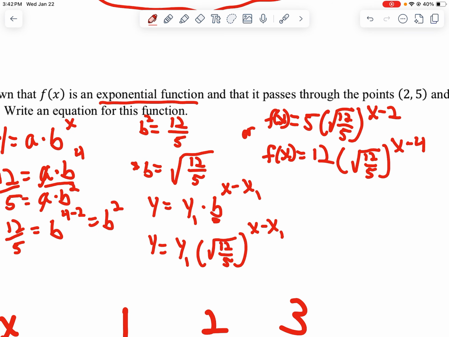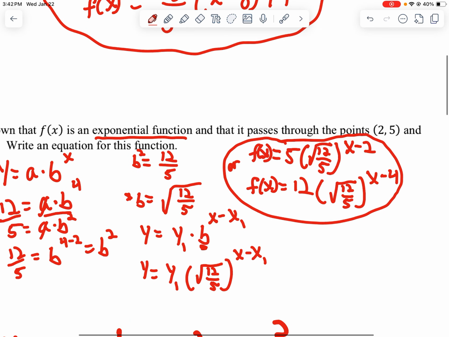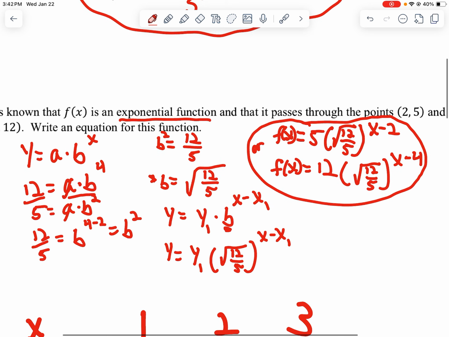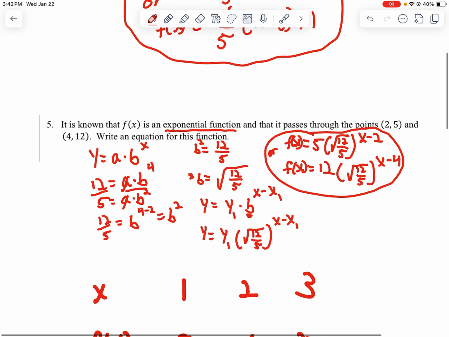Either one of these is the equation of the exponential that passes through the two given points. Notice they told you it was exponential because they only gave you 2 points. If they gave you 3 points, then you could show that it's exponential, and then you could do the same thing: choose 2 side-by-side points and solve for the base.